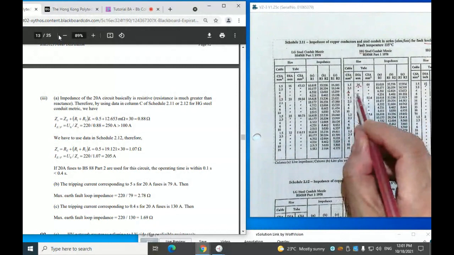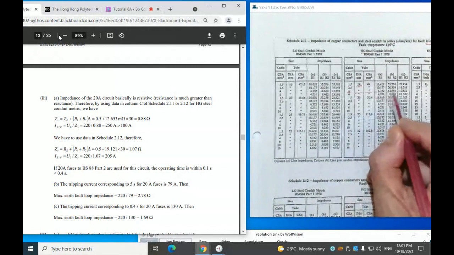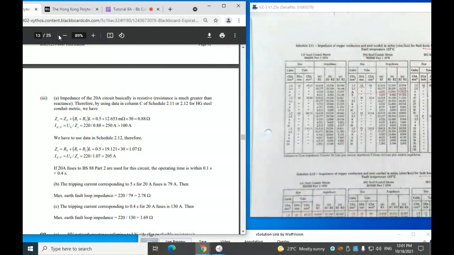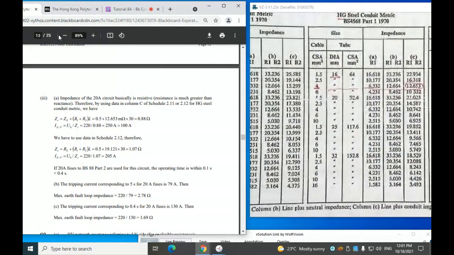This is the combination, and here is the result, 12.653. If you look at the solution sheet, that is the figure used in the calculation. Of course, this is in milliohm per meter. Then you have to multiply this by 30 meters, so the total impedance is equal to 0.88 ohm.